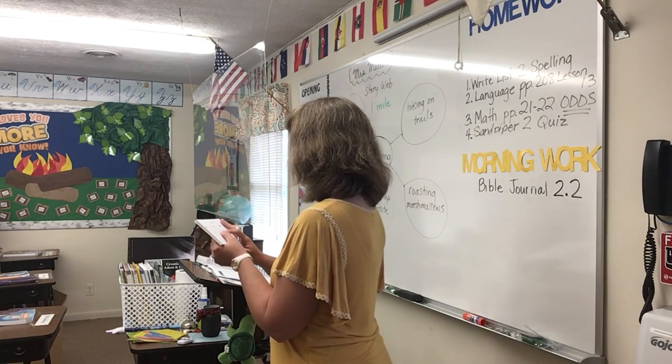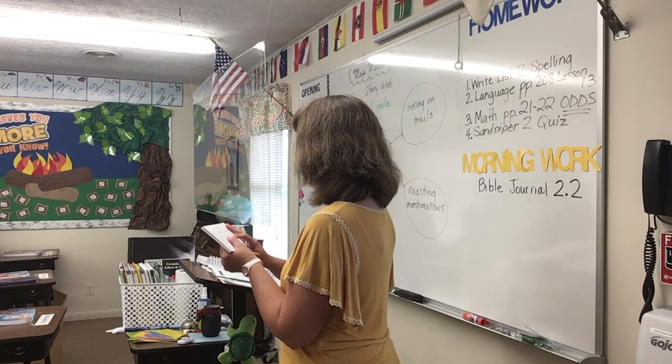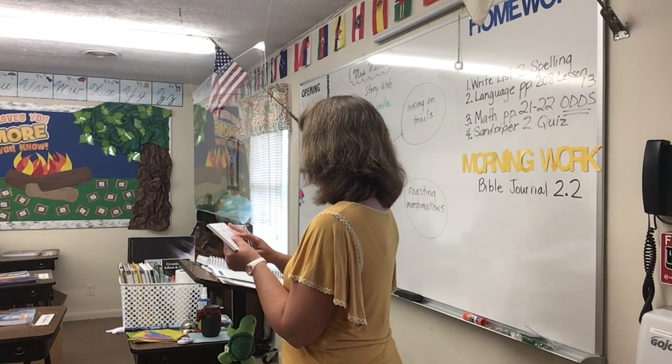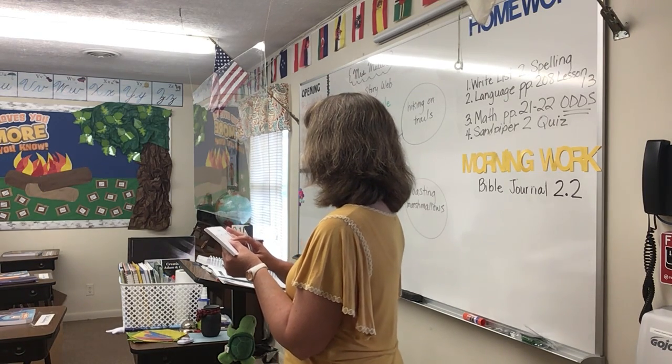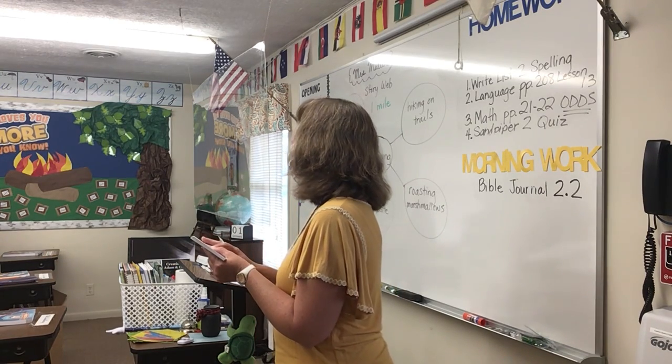Ready, row 5? 2 times 9 plus 5 minus 2 equals. 22. Close. Jensen.